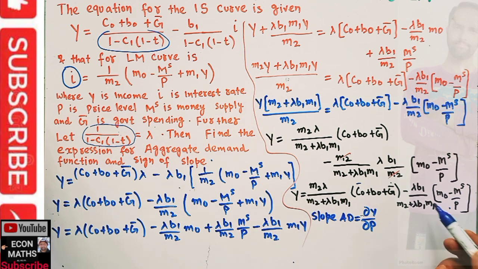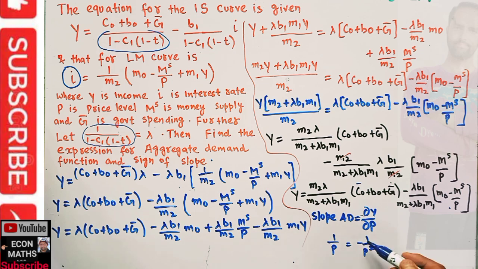Here minus into minus will become plus. Since we have 1 upon p, if I differentiate it, it will become minus 1 upon p square, using the rules of differentiation.